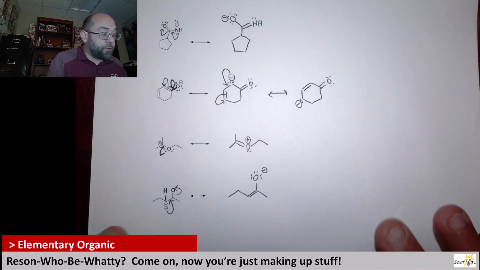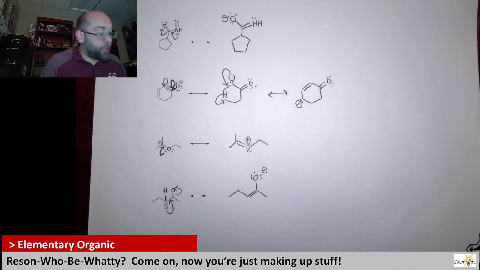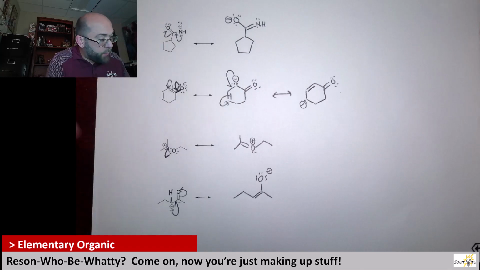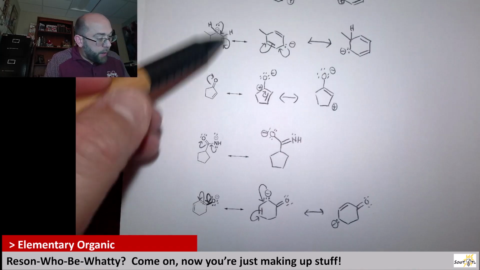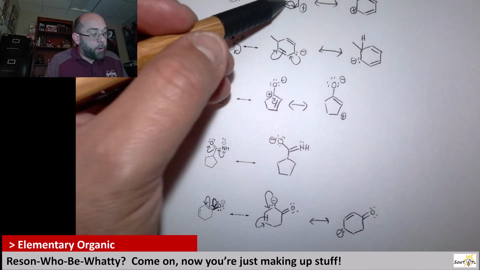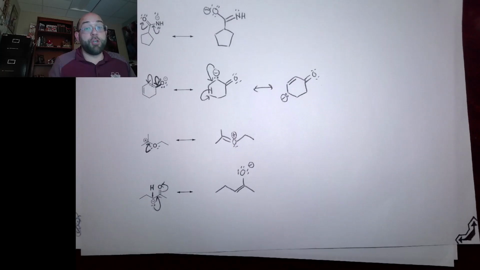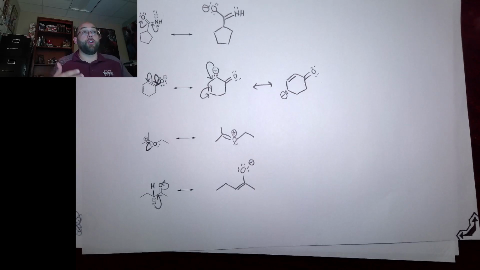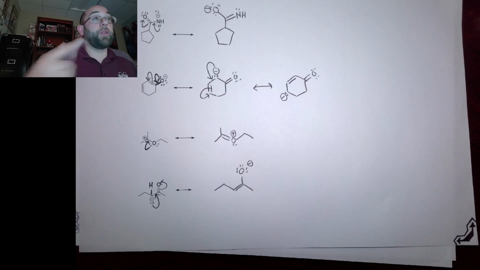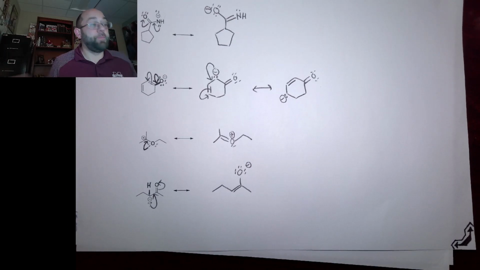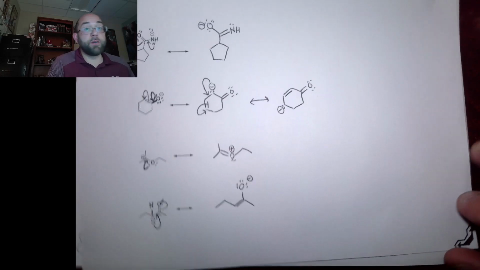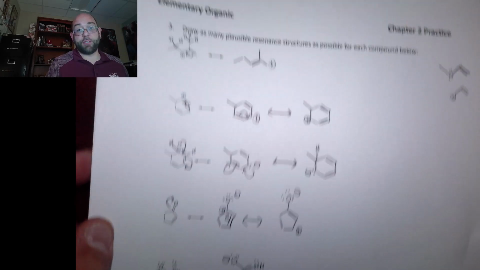Usually, 2 arrows or 1 arrow. If you ever start doing more than 2 arrows in your electron pushing, then odds are you're actually doing more than one resonance move at a time. But anyway, this concludes the resonance practice for chapter 2.